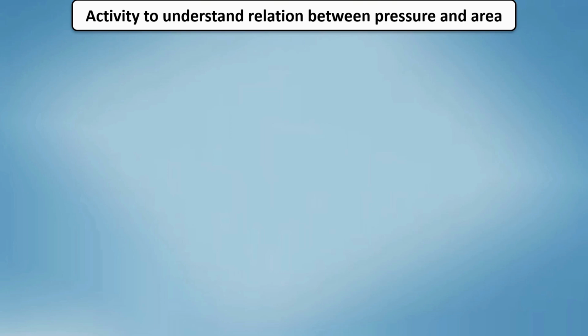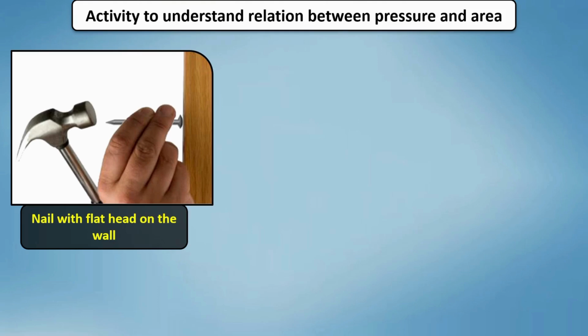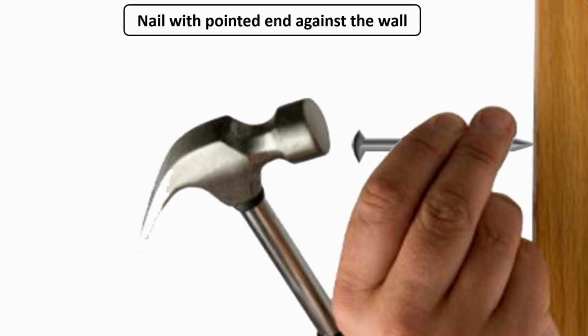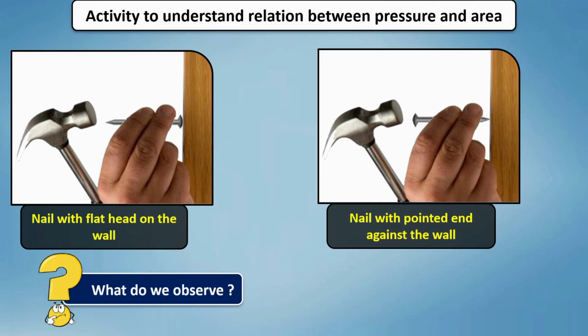Activity to understand the relation between pressure and area. Nail with flat head on the wall. Nail with pointed end against the wall. What do you observe?